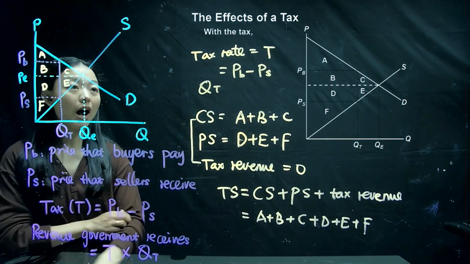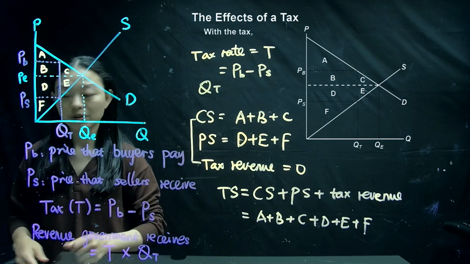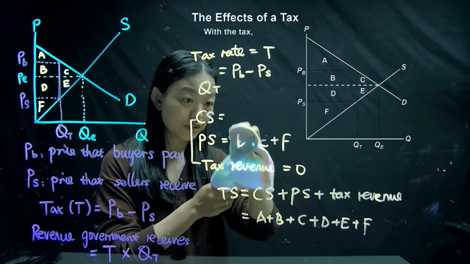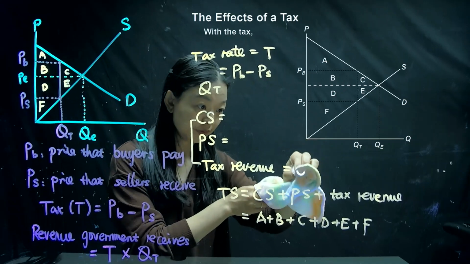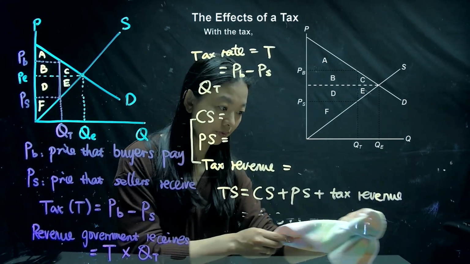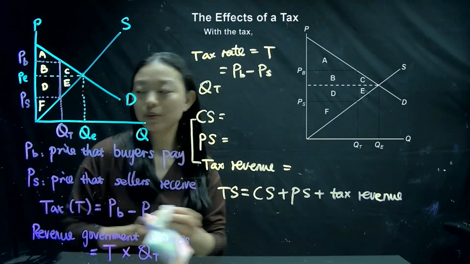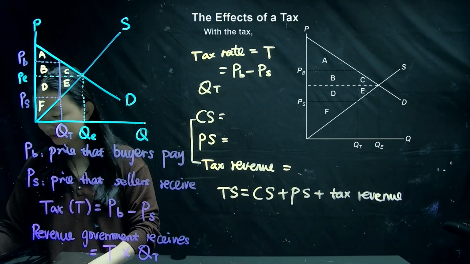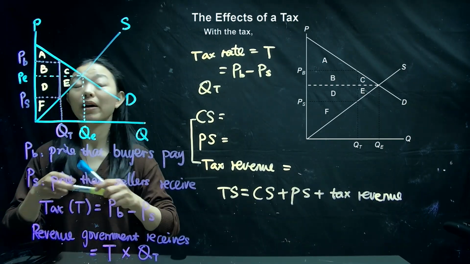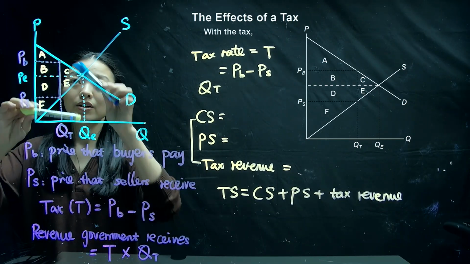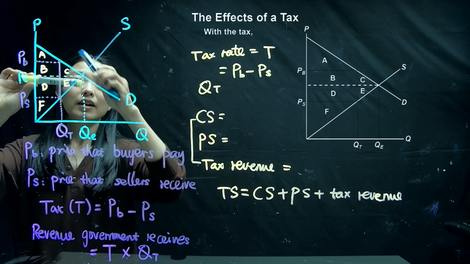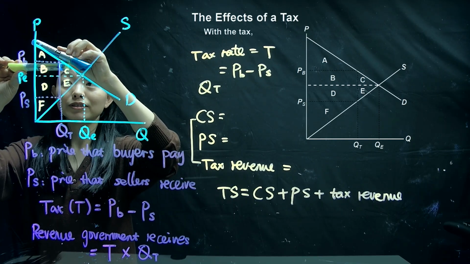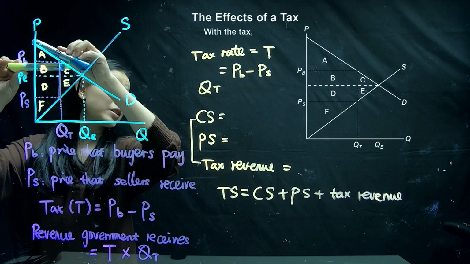Now, can you tell me after imposing tax, what's the consumer surplus? The consumer surplus here changes, okay? The consumer surplus is still the area below the demand curve but above the price that buyers need to pay.